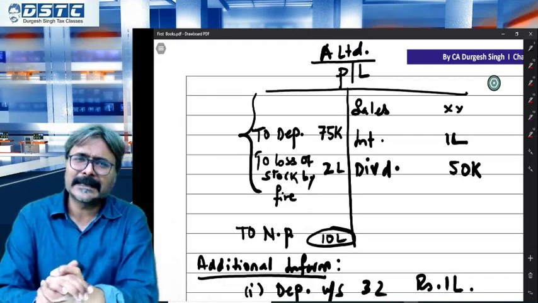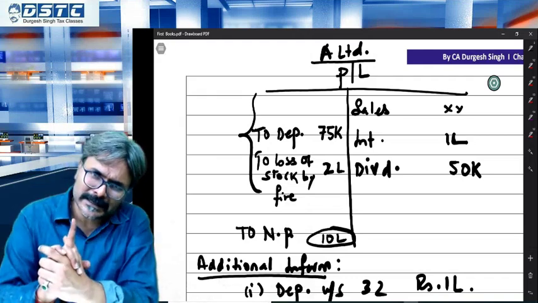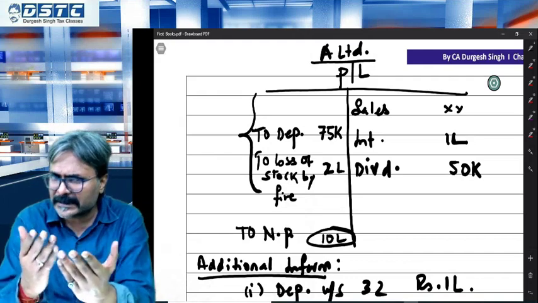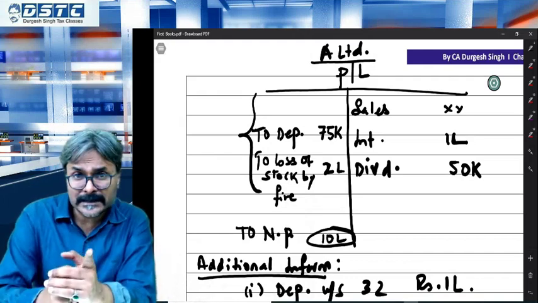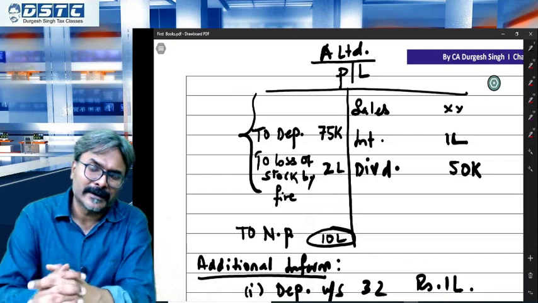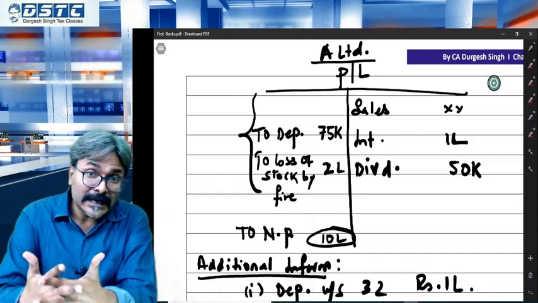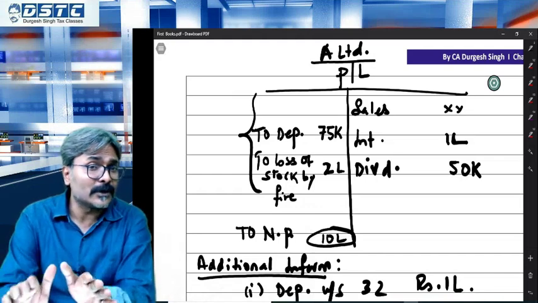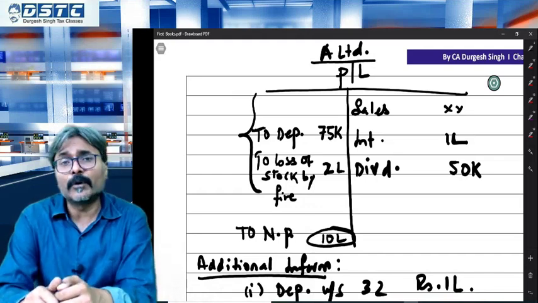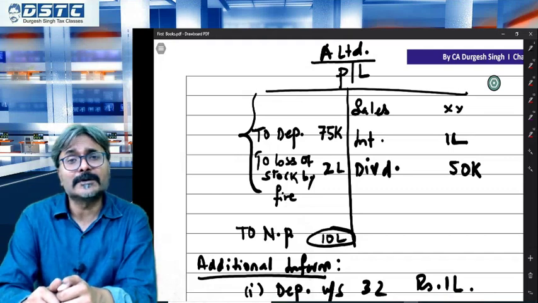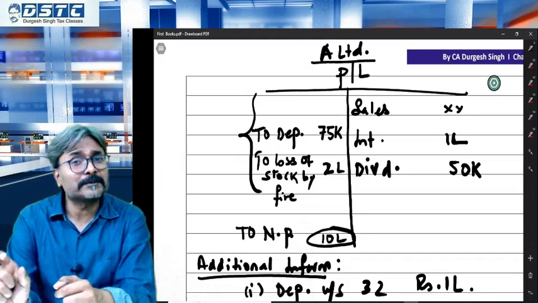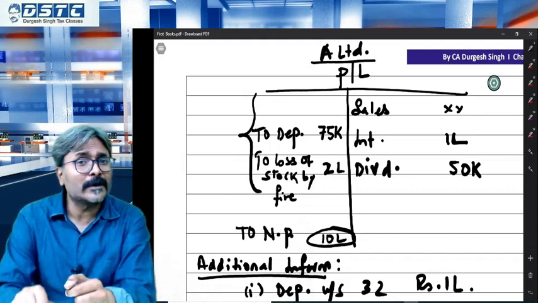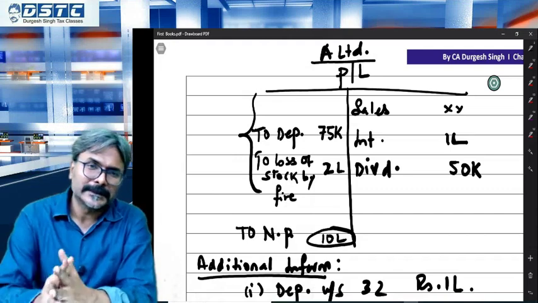Very true, I accept that, and what you are saying is completely correct. There is no specific section which covers this deduction of loss of stock by fire. And also, students, I have disqualified even 37.1, for the only reason that 37.1 talks about the deduction of an expenditure, whereas right now we are talking about the deduction of a loss.